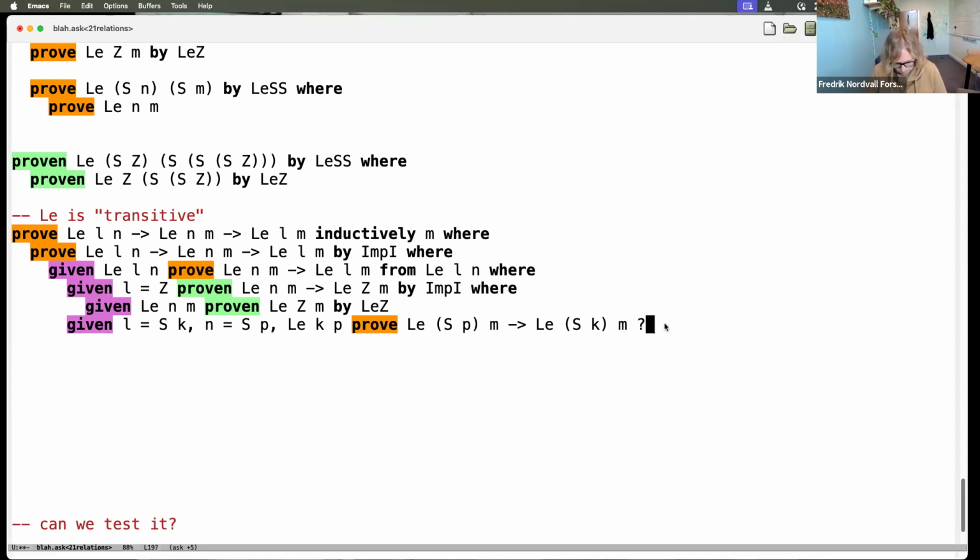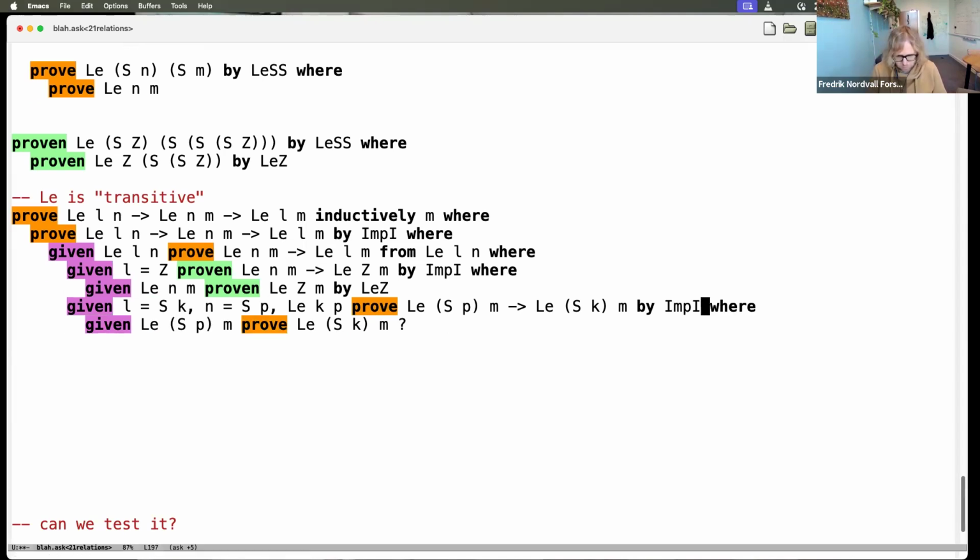So now I'll do the second implication introduction. And now I've got some useful information. Namely, that in the middle, we've got a successor. So, how could that possibly be true? How could this assumption possibly have been given?